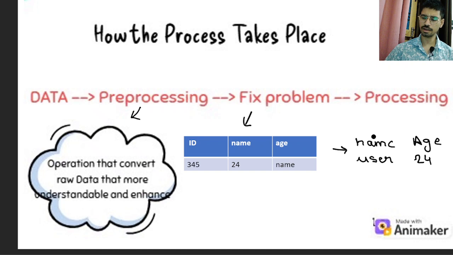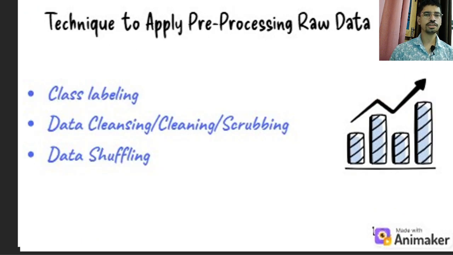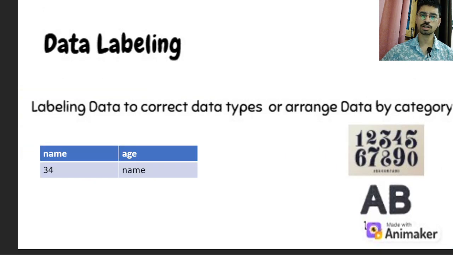Now let's understand the various types of techniques we apply to pre-process data. There are class labeling, data cleansing, data cleaning, scrubbing, and data shuffling. Now let's understand what class labeling is. As we discussed earlier, data labeling is basically assigning the correct data type or arranging data by categories.